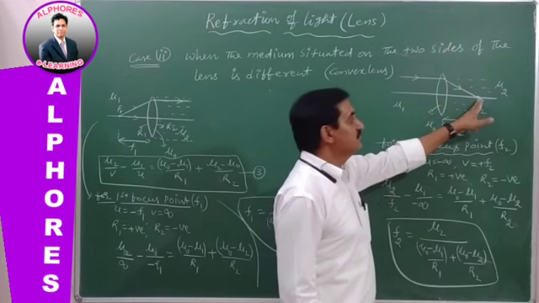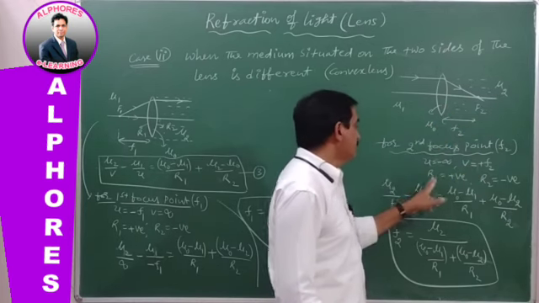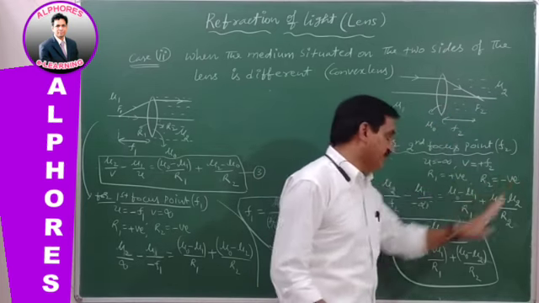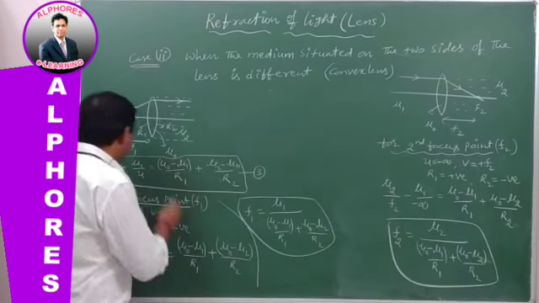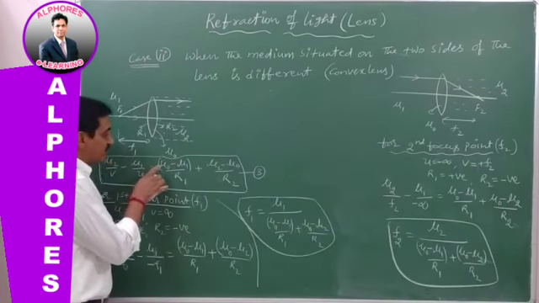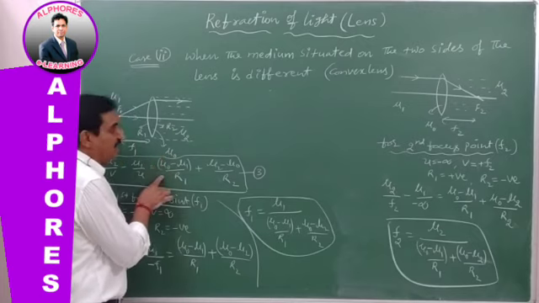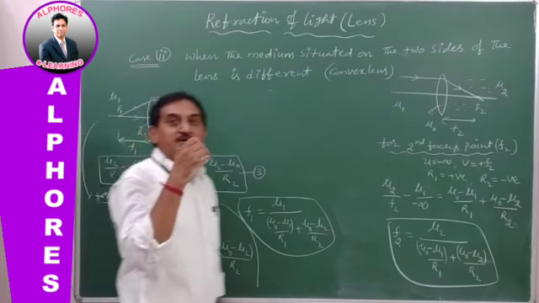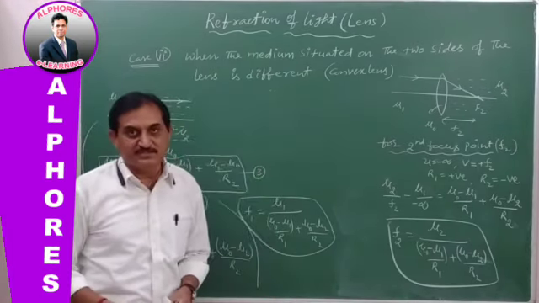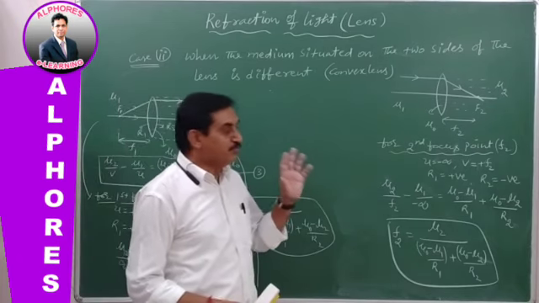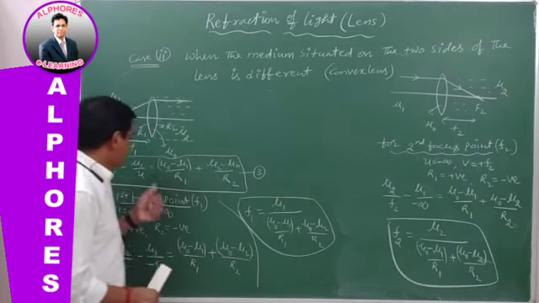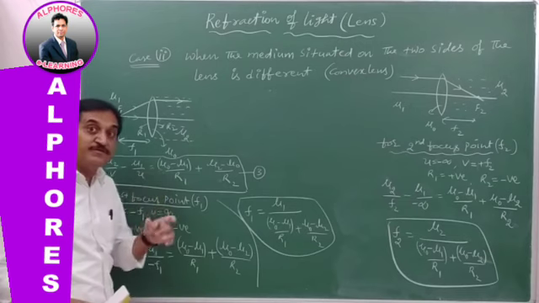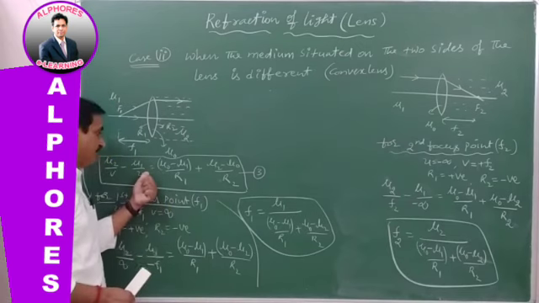V is plus F2, R1 positive, R2 negative. So this is the fundamental formula, the final formula for the lens when a non-homogeneous medium is situated on both sides of the lens. This is the final formula instead of the lens maker's formula.